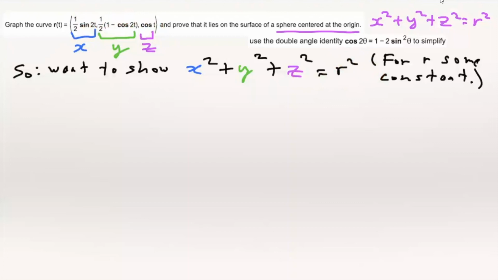However, in the current form, that looks like it'll be difficult because we have a cosine 2t and a cosine of t, a sine 2t. So let's first get everything in terms of just sine and cosine of t alone. No 2t's inside the trigonometric functions. So what do we know?